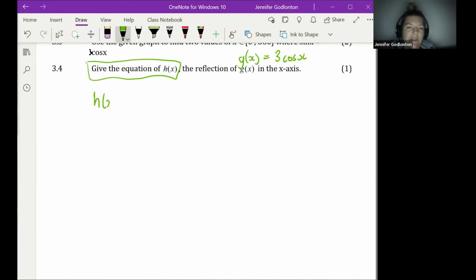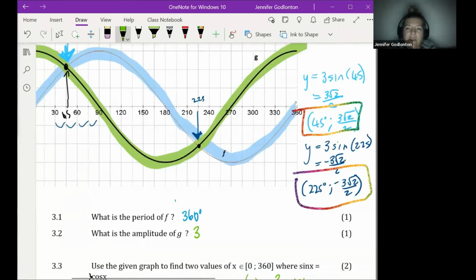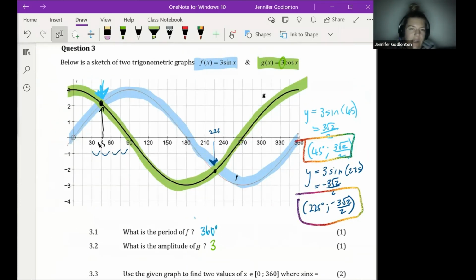So my new equation is going to be called h, which is the reflection of g of x in the x-axis. Okay, so g of x is this green graph that I have here at the moment. If I reflected it in my x-axis, wherever it was positive, it would now be negative.